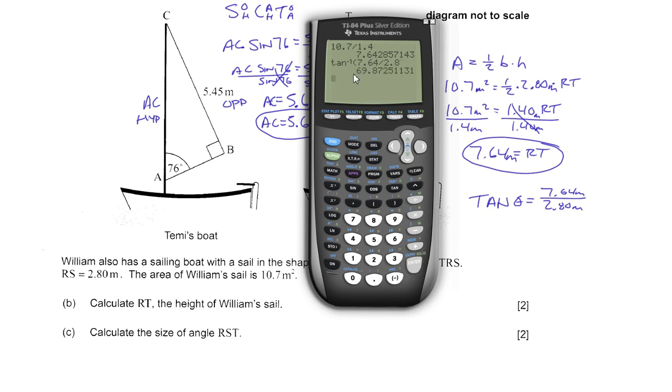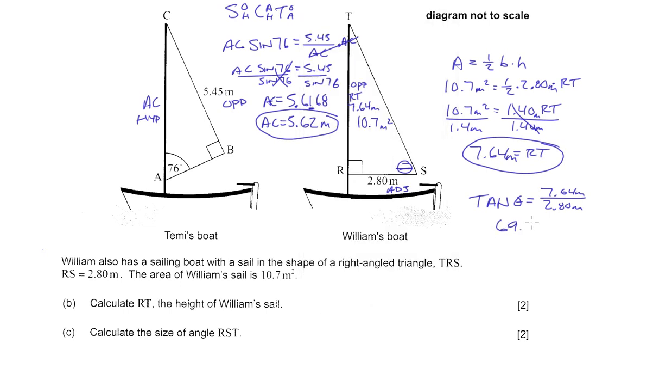Push equals, and we get 69.87. There's our third significant digit. This 7 tells the 8 to get bigger, so it's 69.9 degrees is what angle RST is. So angle RST is 69.9 to 3 significant figures.